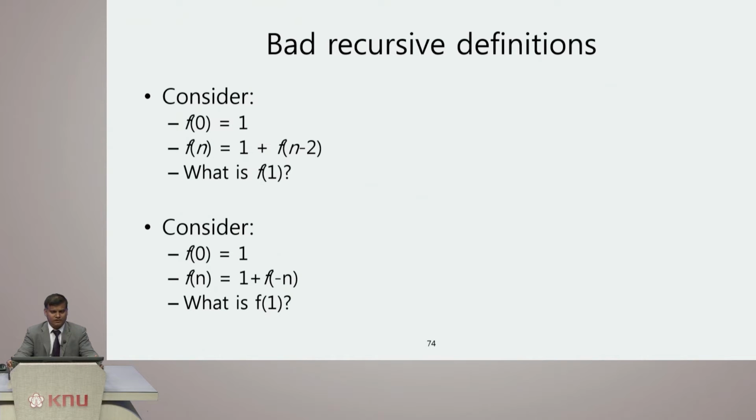So anyway, if you really want to define a function for negative integers or real values, you have to specify it clearly. You also have to define the base case clearly, where to start and when to finish, based on the application.